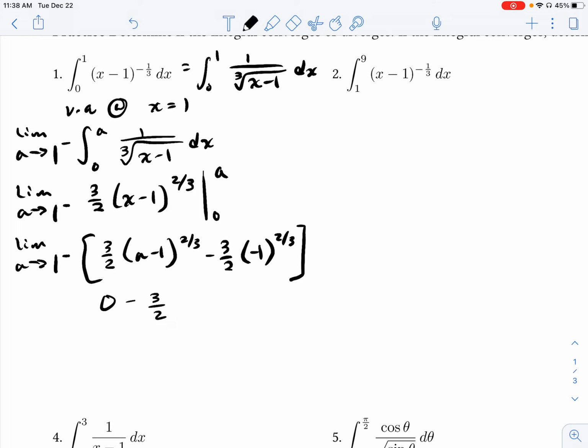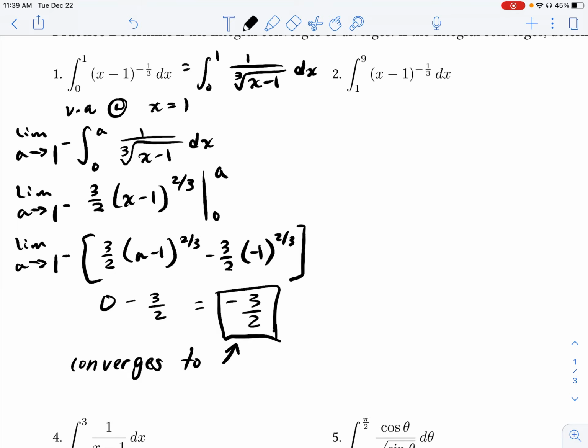That should be 3/2. So we can then say that this integral is -3/2, and this integral converges to -3/2. So we would say, yes, this does indeed converge, and it converges specifically to this value.